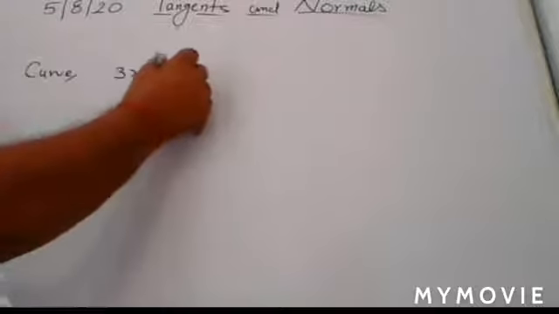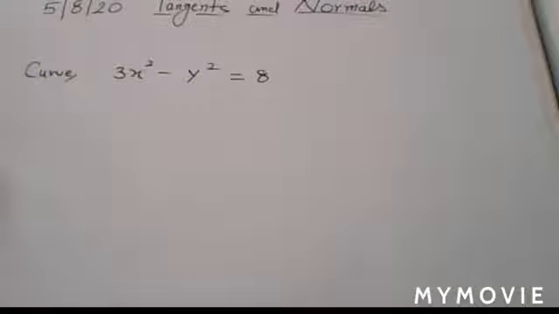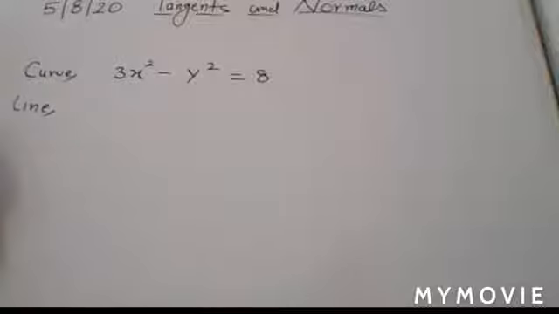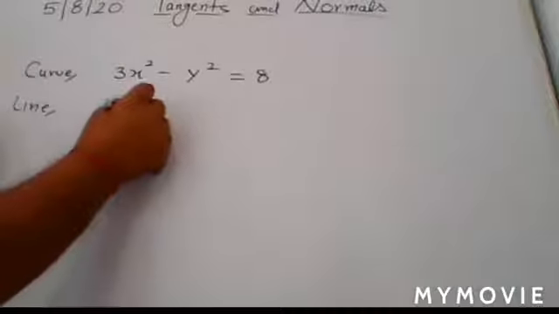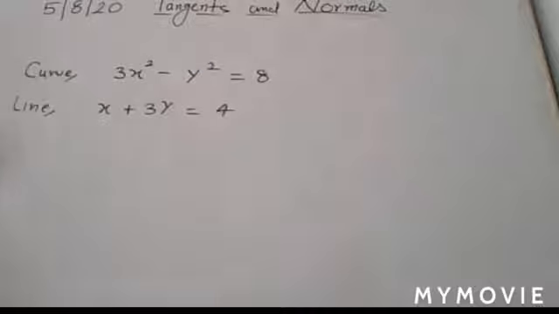Find the equation of normal to the curve 3x square minus y square is equal to 8, which is parallel to the line x plus 3y is equal to 4.